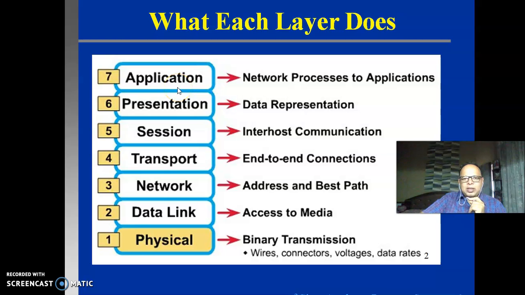And then the last is the application layer, which gives access to the user. In short, the network processes to application mapping is done by the application layer. This is the layer with which the user is interacting, and it's the layer that gives services to the user.